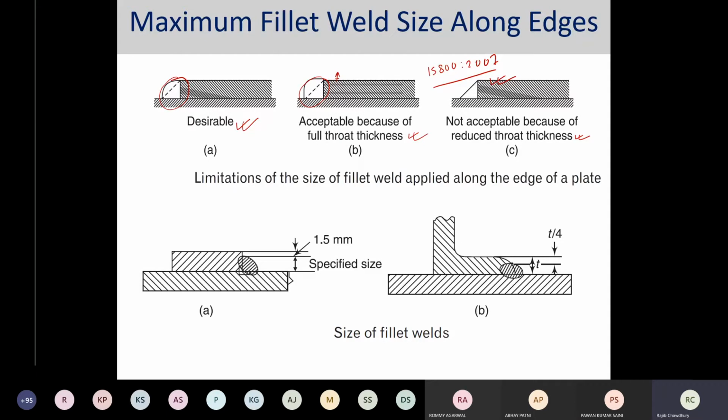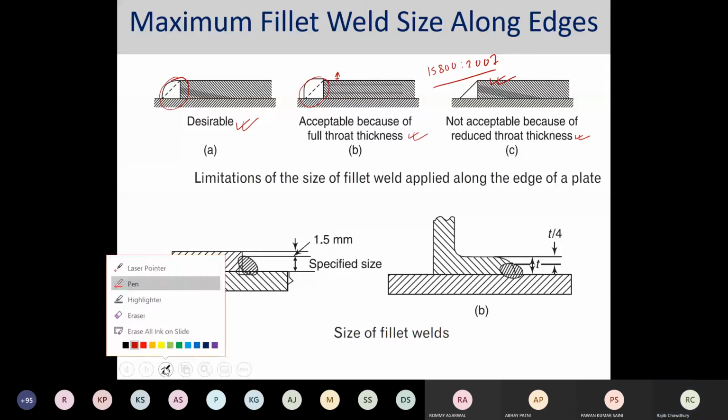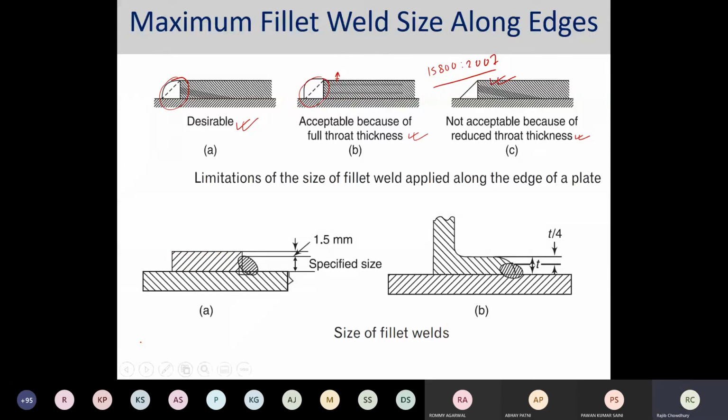Okay, so I'm just repeating again. Why do we require the minimum weld size? Minimum weld size is required to ensure the fusion, first point. Second point is to minimize the distortion.